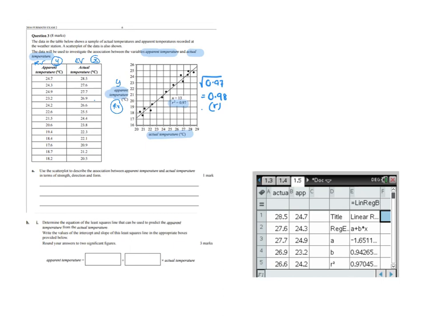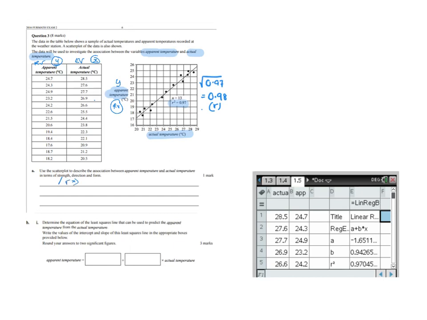And the actual is your x, or your explanatory variable. Normally we see the x written first, but they're trying to trap you here, and they've put them around the other way. So use the scatter plot to describe the association between apparent and actual temperature in terms of strength. Strength means your R value.